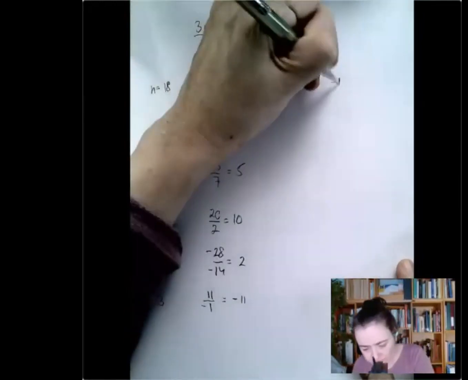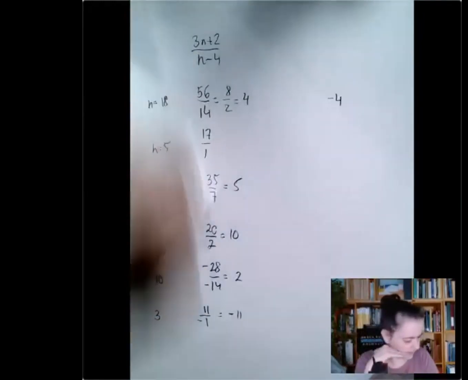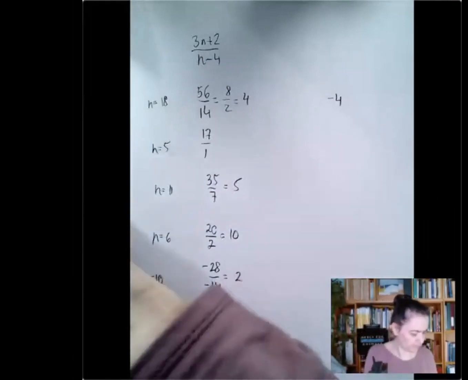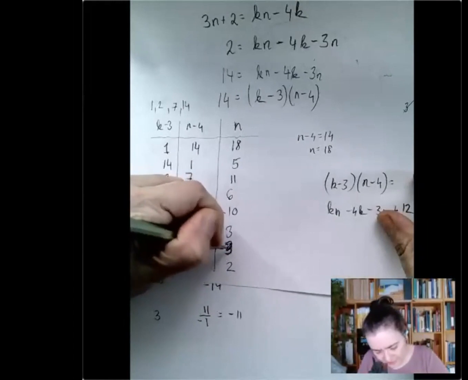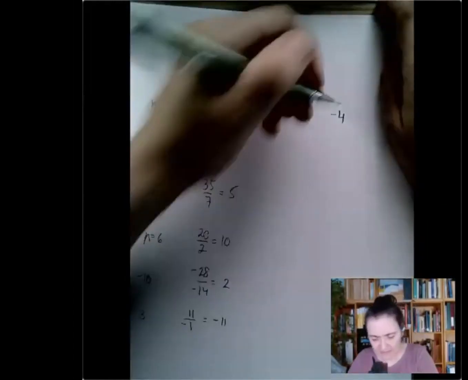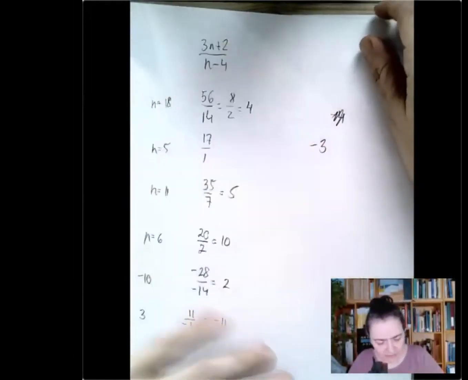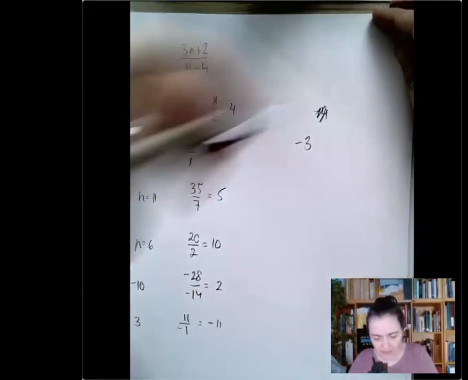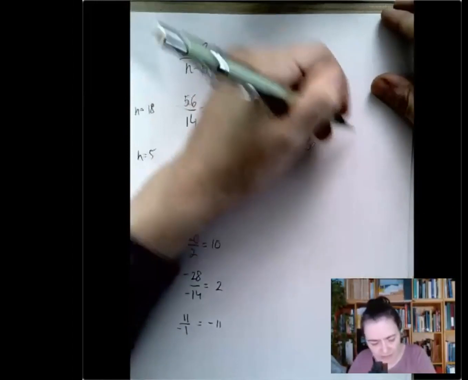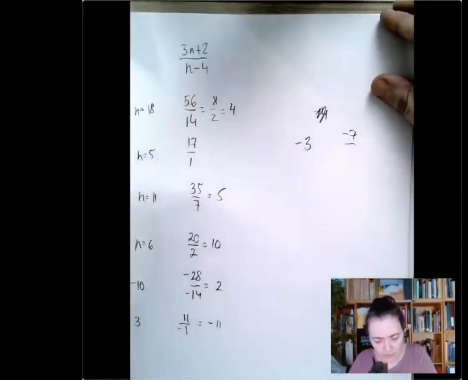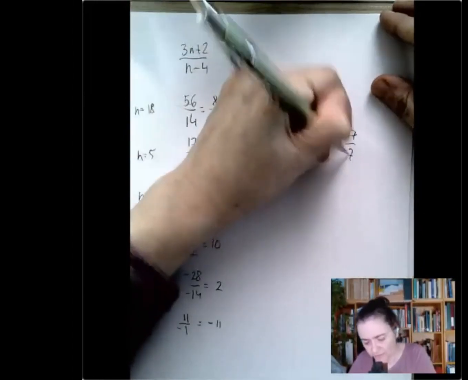Negative 4. Oh, this should be 3. See, that's why it's good to check. So negative 4 didn't work. Negative 3 should though. 3 times negative 3 plus 2 is negative 7, but so is negative 3 minus 4.